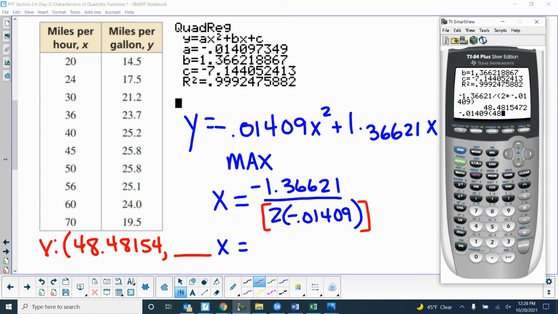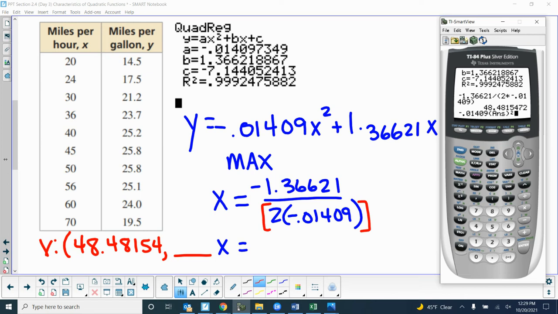Well, I could do this. Let me show you something. I might not have done this before to you. The last answer I got was that number, right? So if I hit second, the negative sign, it says answer above that, it'll put in that whole number for you, so you don't have to type it in.